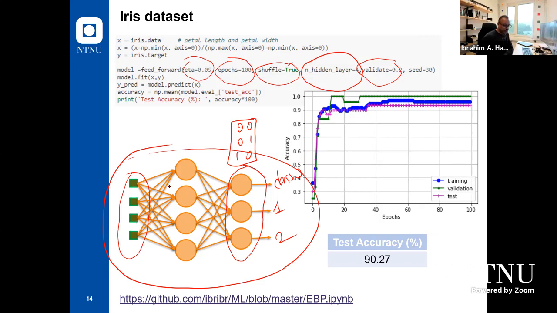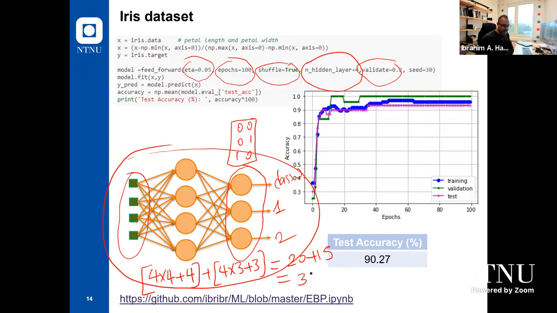So it will be 4 times 4, correct? 4 times 4 plus 4 for the hidden layer, plus this one, it will be 4 times 3 plus 3. So 4 times 4 is 16, plus 4 is 20, plus 3 times 4 is 12, plus 3 is 15.